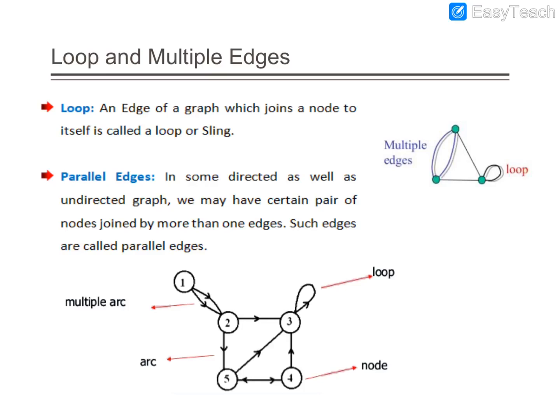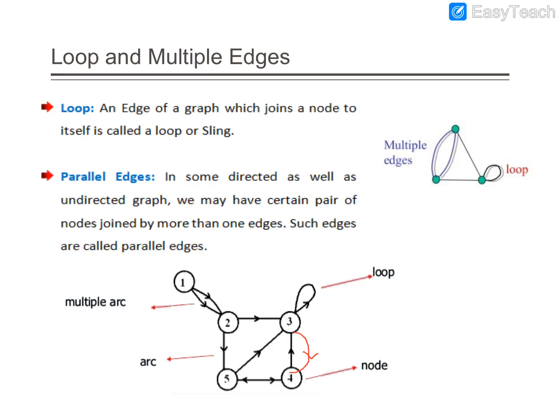If there are two edges between vertices 3 and 4, but they have opposite directions like this, then these two edges are not parallel edges because they have different directions, and these two edges are considered as different edges or distinct edges, but not parallel edges.